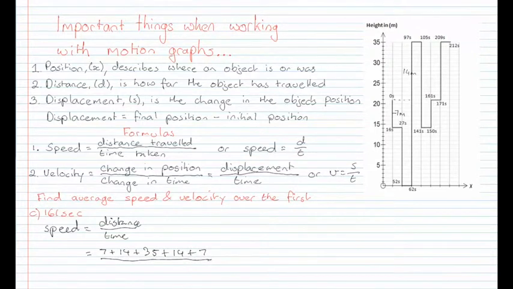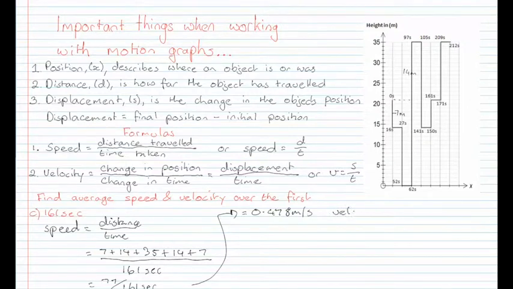Well, that was 161 seconds. Okay, well, let's have a look at that. That is actually equal to 77 meters. We've travelled a total of 77 meters over 161 seconds. Therefore, my average speed is going to be equal to 0.478 meters per second.